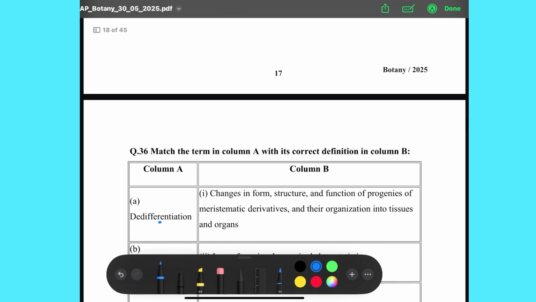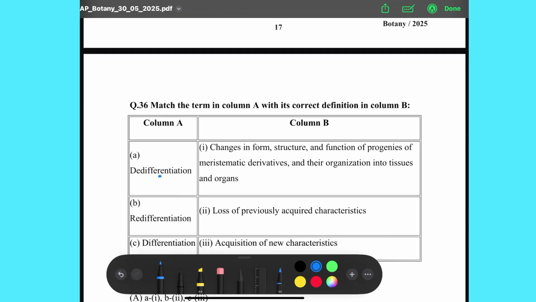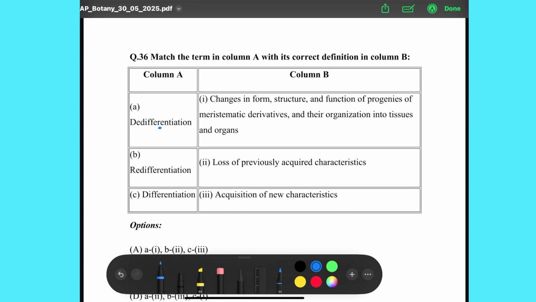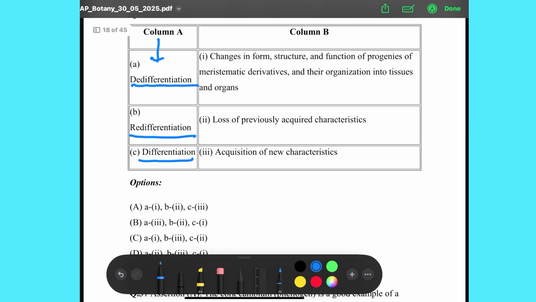Yeah, right. To the next question, question number 36. Here column A and column B. In column A there are the terms de-differentiation, redifferentiation and differentiation. First of all, we need to learn these terms.